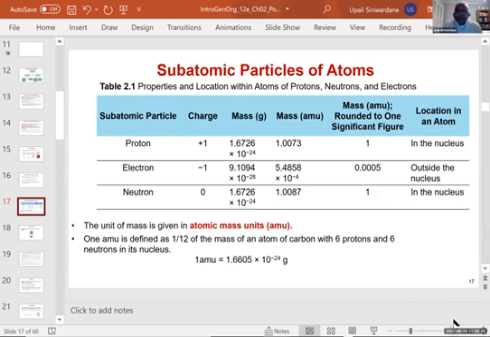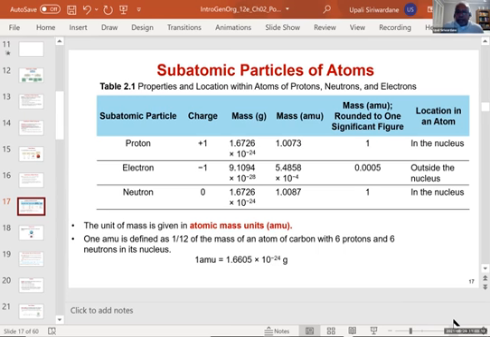Like we said in previous slides, atoms are the smallest particles in matter that take part in chemical reactions.